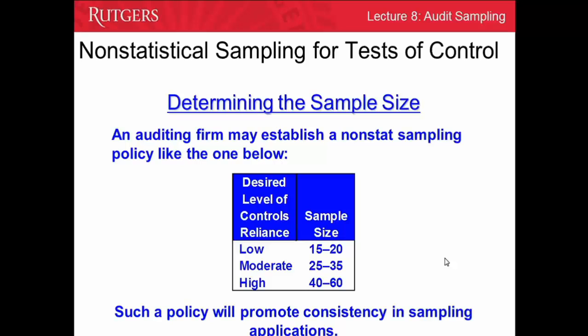First, let's talk about determining the sample size. When a non-statistical sampling application is used in determining sample size, the auditor should consider the desired confidence, the tolerable deviation rate, and the expected population deviation rate. However, the auditor is not required to use a statistical formula or table to determine sample size.